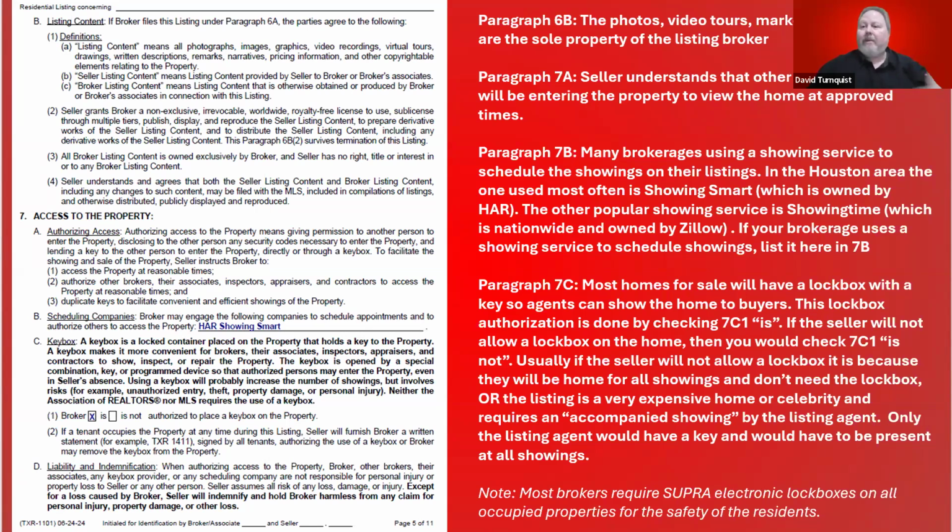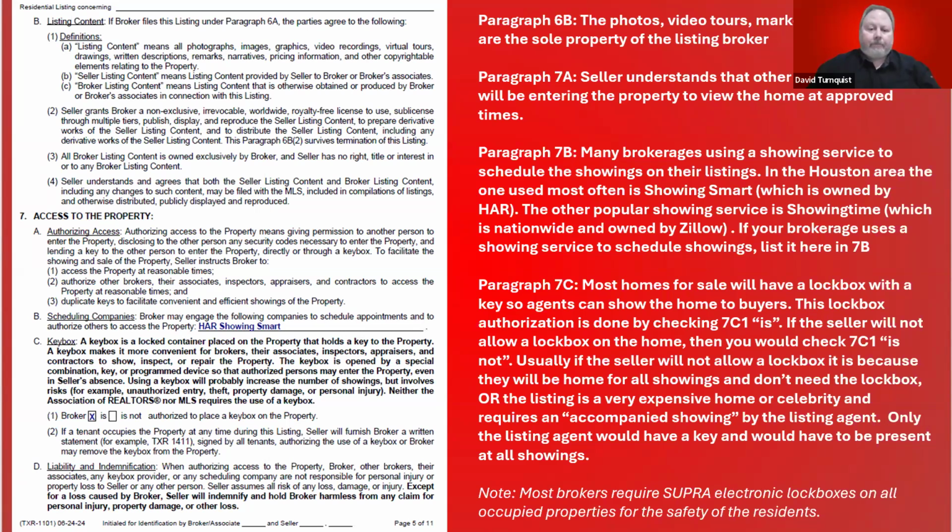They pay somebody to answer the phone, not 24/7, but during business hours, and schedule appointments. But personally, I prefer Showing Smart because it's free and it does everything for me and creates a record of everybody who showed it, and also allows those agents to provide feedback instantly.